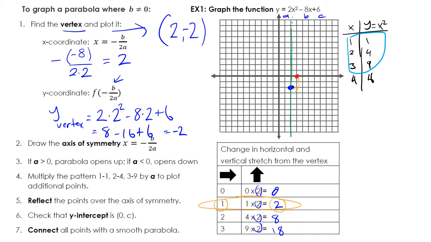I will follow the same thing for the next one. This time I will go 2 units away from the vertex, and we will go 8 units up from the vertex. 2 units away, 8 units up is going to be right here.